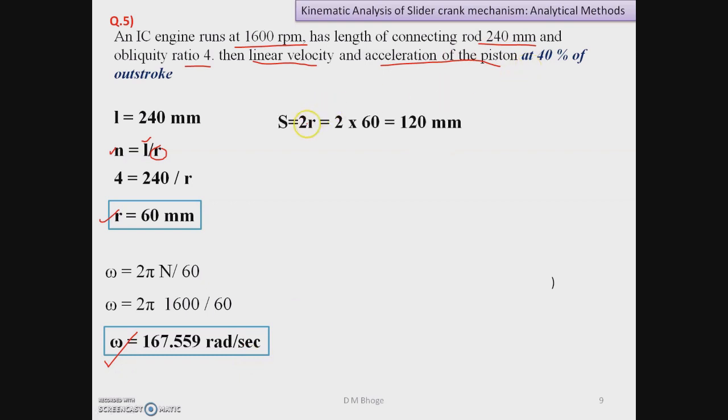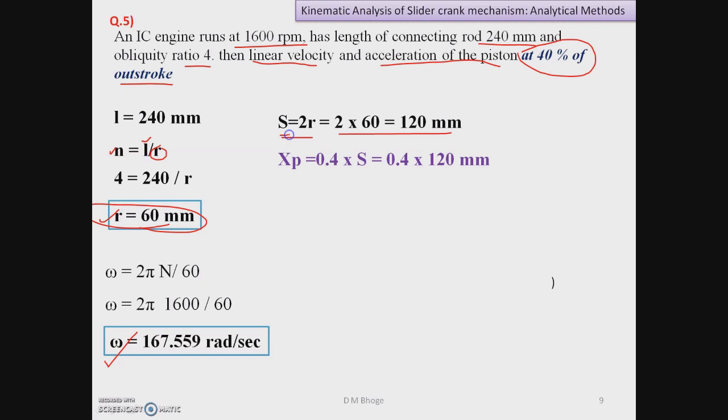Now the stroke length is 2 times the crank length. So this equals 120 millimeters because crank length is 60 mm. So stroke becomes 120 millimeters. Now the condition of the problem is piston displacement is 40% of the outstroke.